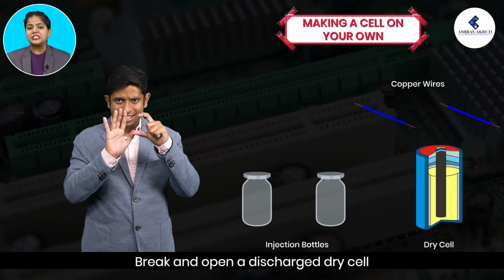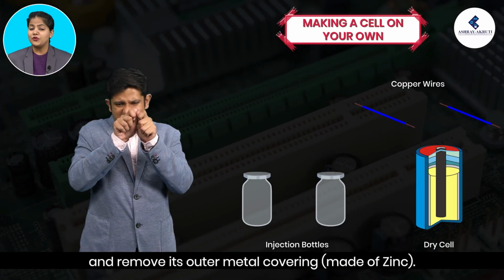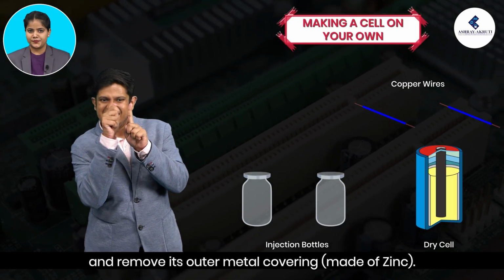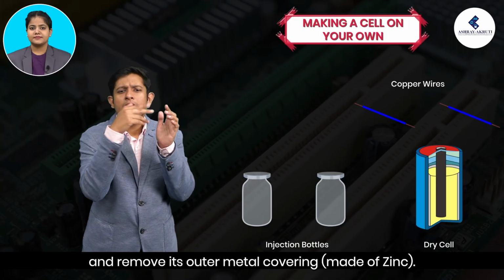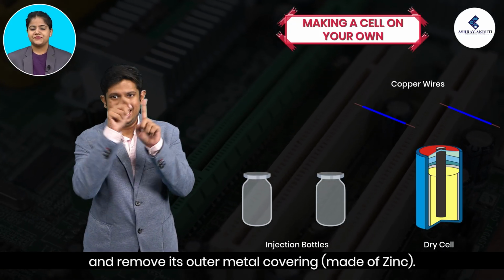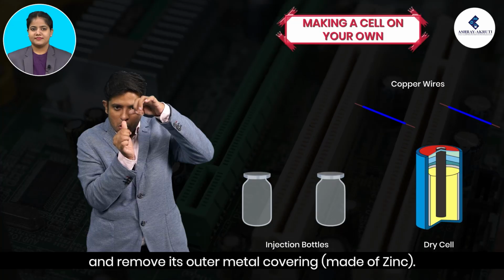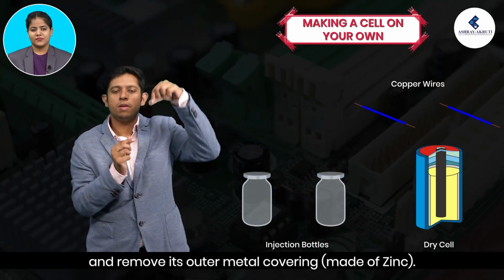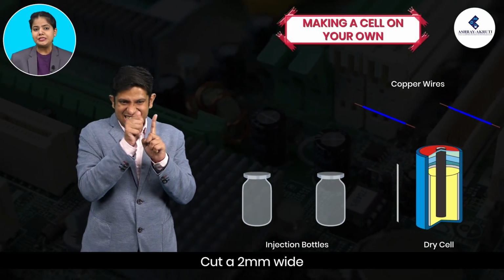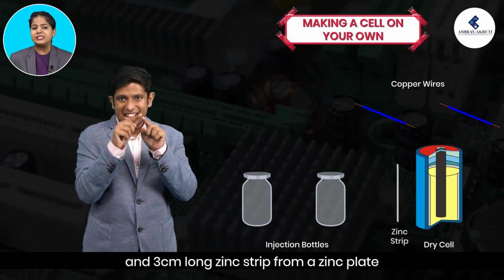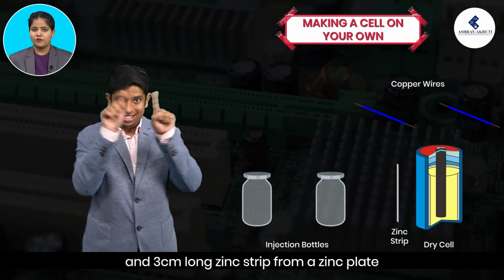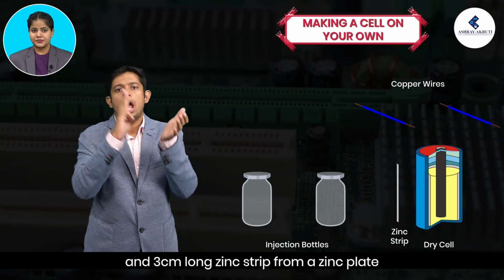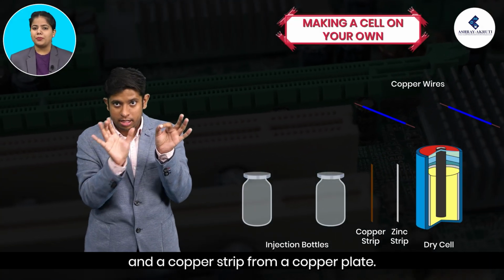Break and open a discharged dry cell and remove its outer metal covering made of zinc. Cut a 2 mm wide and 3 cm long zinc strip from a zinc plate and a copper strip from a copper plate.